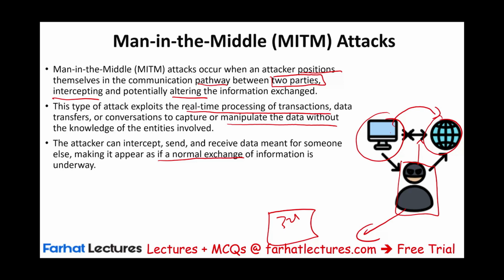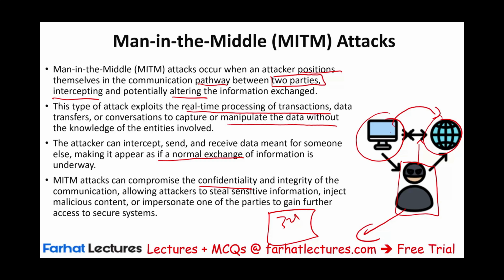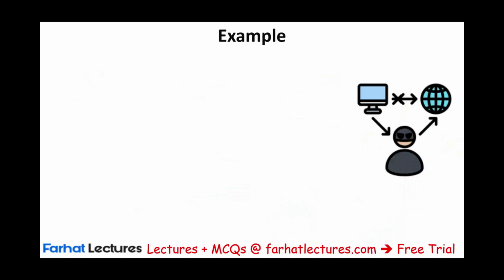This way you can compromise the confidentiality and integrity of the communication, allowing attackers to steal sensitive information. And obviously, if you can intercept, you can inject malicious content or impersonate one of the parties to gain further access to the system. So just man in the middle, and that person is intercepting the communication.